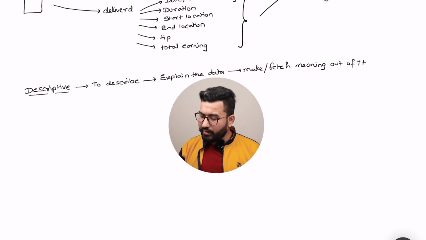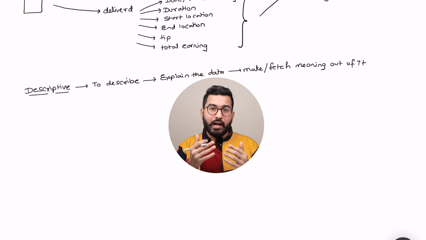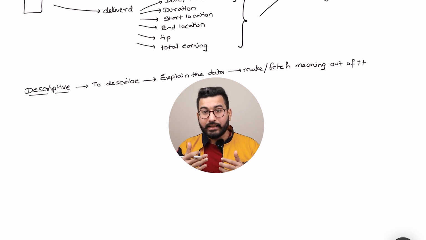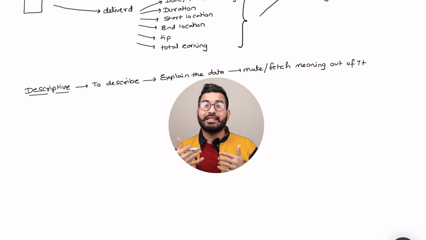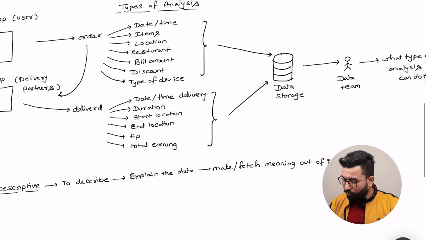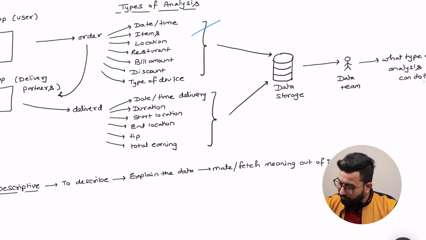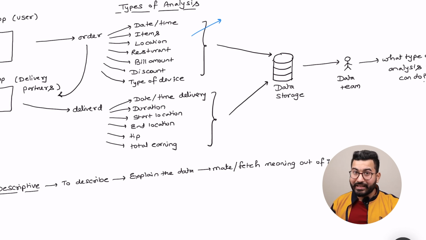Basically, think of it in this way. You have a lot of data. Now, how will you make meaning out of it? Basically, how will you understand what data you have collected, what it is trying to tell you? For example, if I go back to the data generated by this application, and I have to perform descriptive analytics, what kind of questions may I answer?